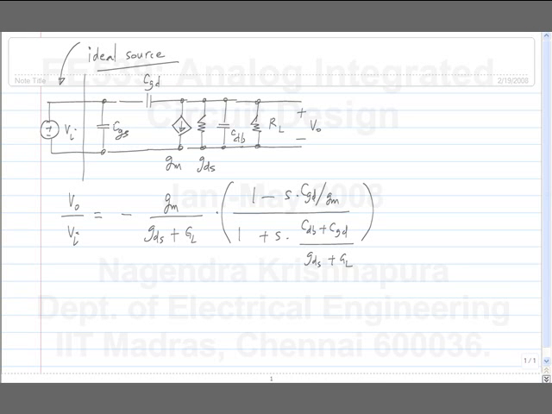We always have some source resistance associated with it. In fact, when we design op amps, we will drive it with something more like a current source, not a voltage source. So what do you think happens if I introduce a source resistance?